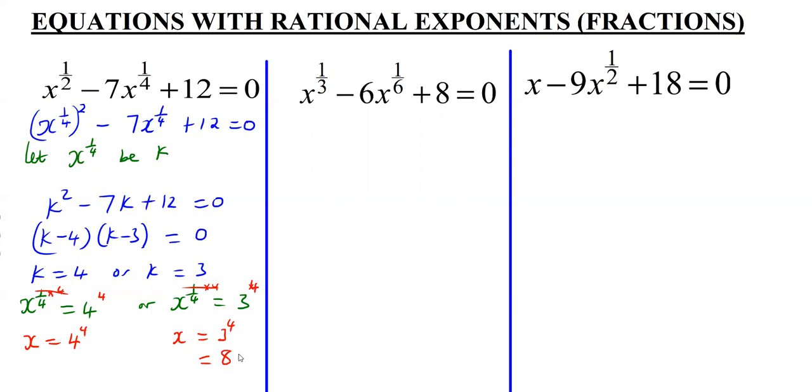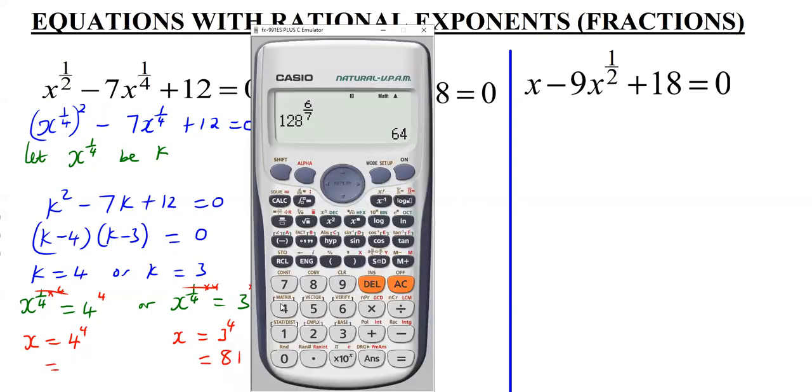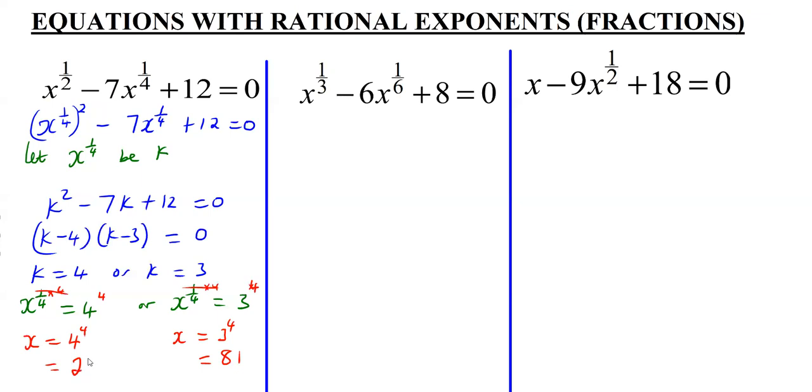In this case, 81, and 4 to the power of 4, I'm not sure of that one. Let me see. 4 to the power of 4, we get 256. You're supposed to get two values of x in this case, because it's a quadratic equation.